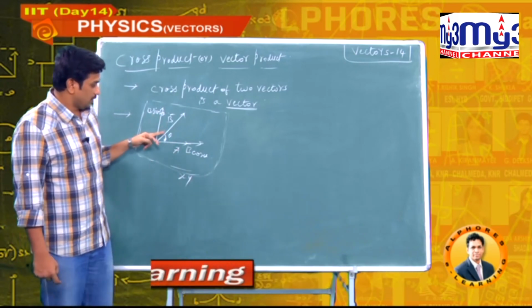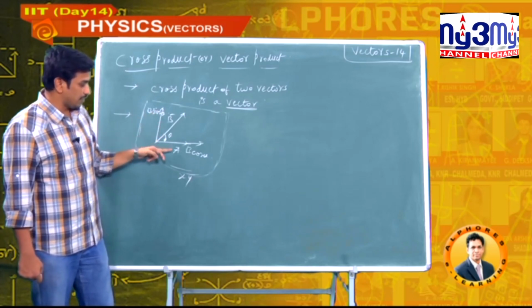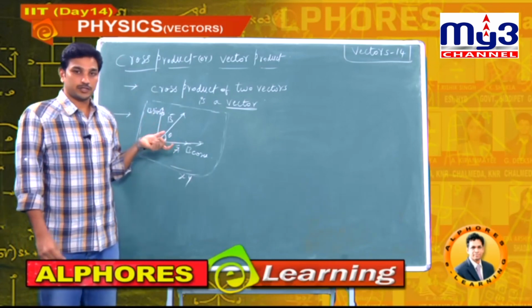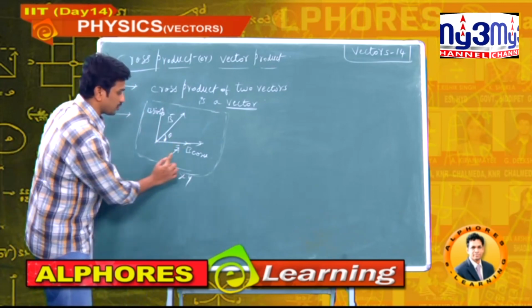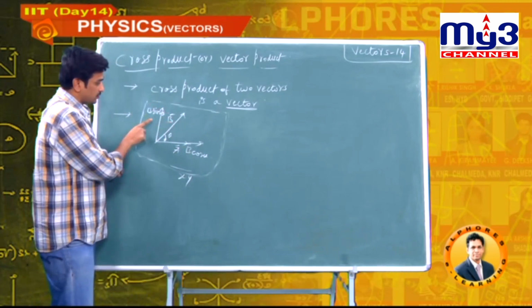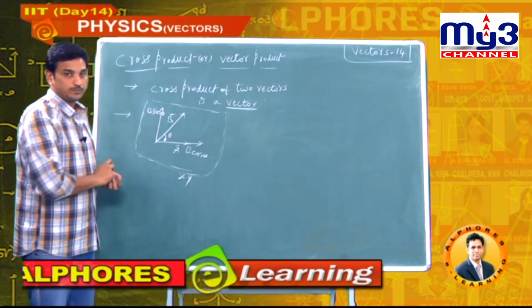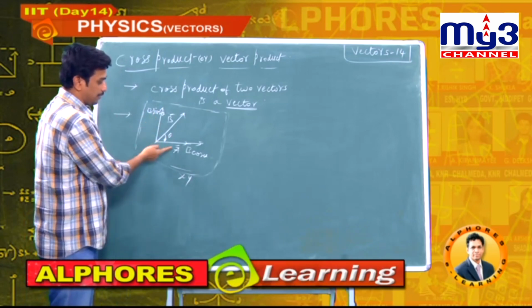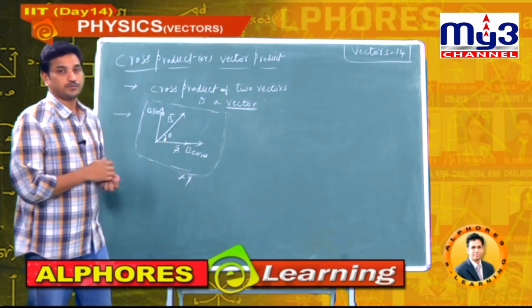So here, the B bar component and the vector which is perpendicular to this component, multiply these two, that is the cross product. Now in physics, certain effects arise because of multiplying these two. See, the rotational effect arises because of perpendicular multiplication, and scalar results because of multiplication of these two.